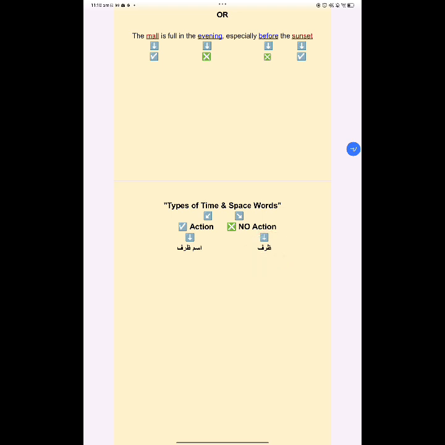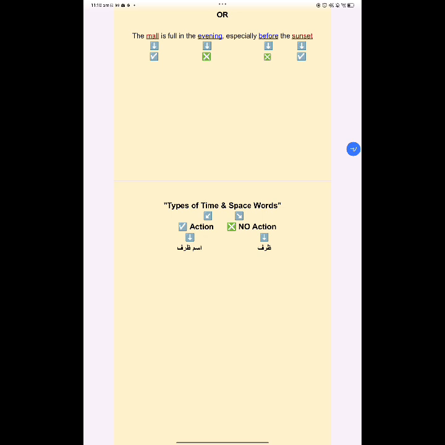Only zarf has no action associated with it, but the ism zarf has an action associated with it, on its own. And of course, then we've got zarf zaman, zarf makan here, and ism zarf zaman, ism zarf makan.